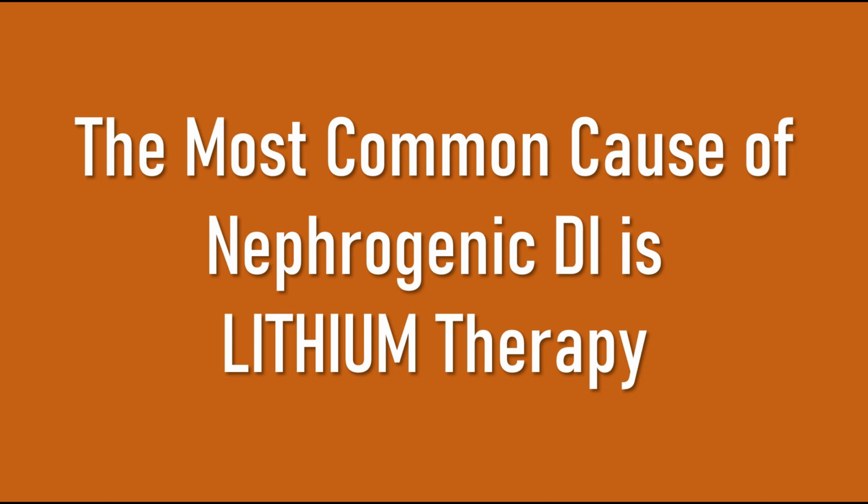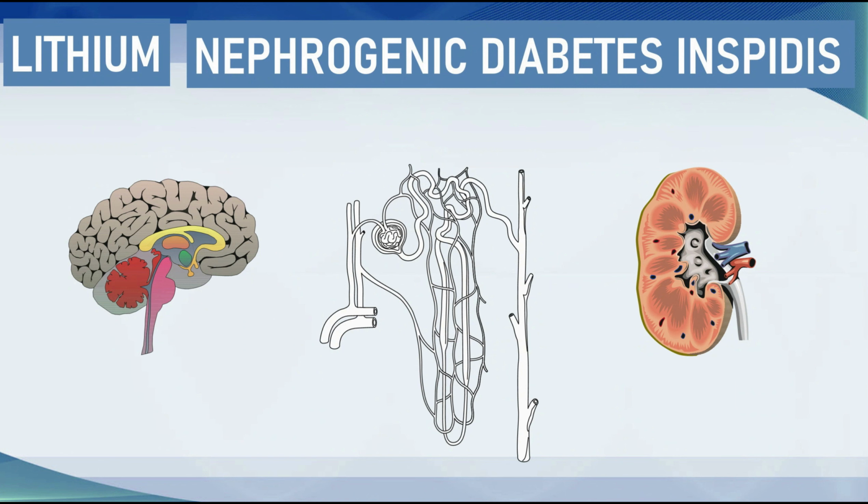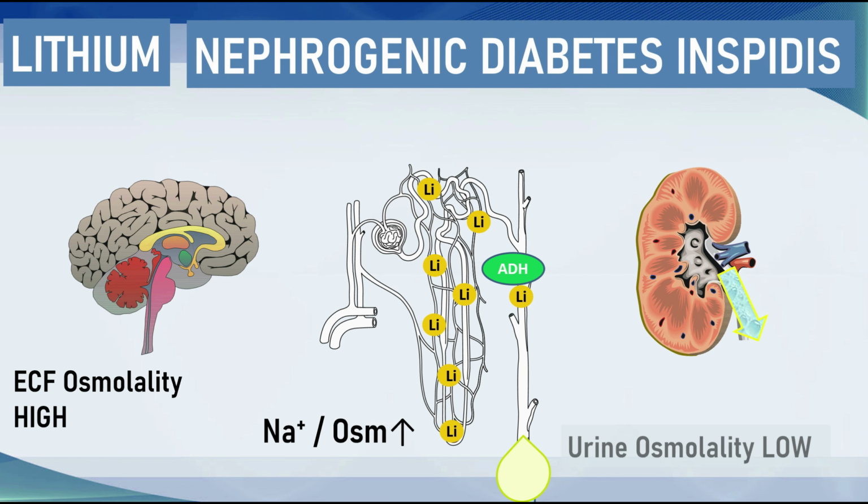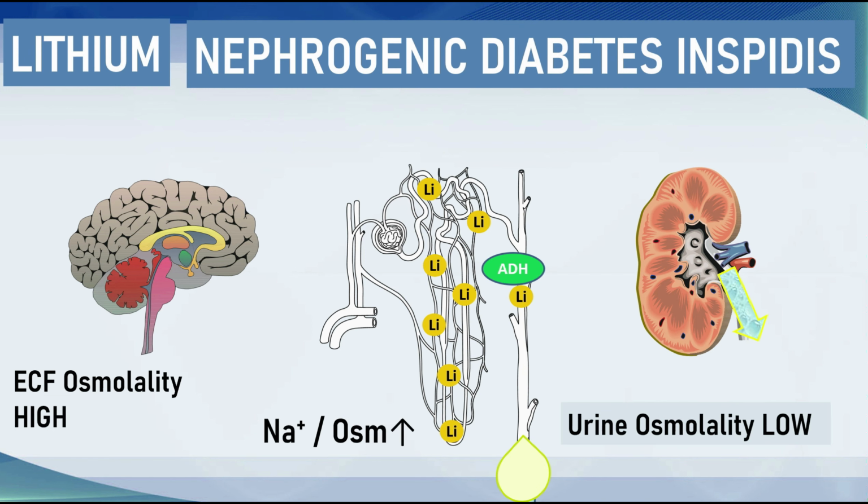Lithium interferes with the intracellular reaction that occurs between activation of the vasopressin or V2 receptor and activation of the aquaporin channel, and as a consequence the patient is unable to reabsorb water. And so despite the ADH being present, it just doesn't work, and as a consequence the patient has high sodium, high osmolality and low urinary osmolality.